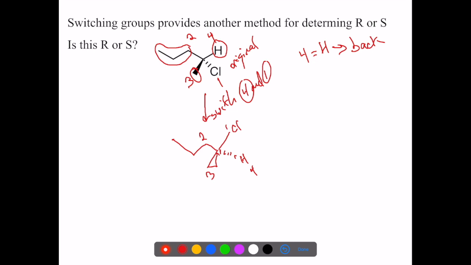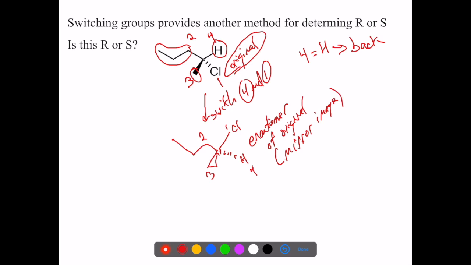Now, what is it I have here? Not the original, but I have the enantiomer of the original, the mirror image. So that's important to keep in mind.